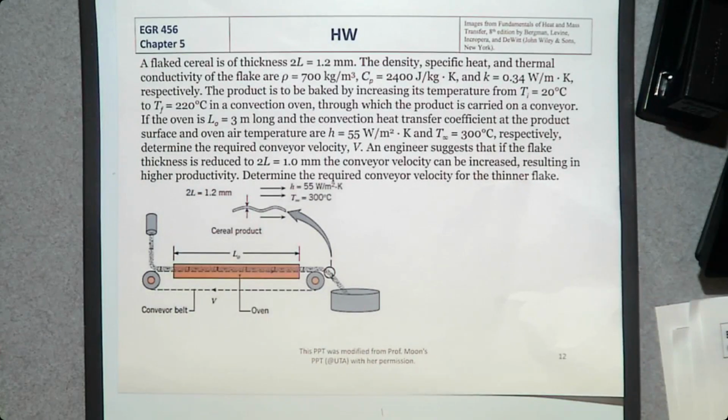So we have a cereal that is going to be cooked on this conveyor belt. I think there's a city somewhere in Michigan that's famous for it, yeah, right? So this is a good problem for us. Not really?